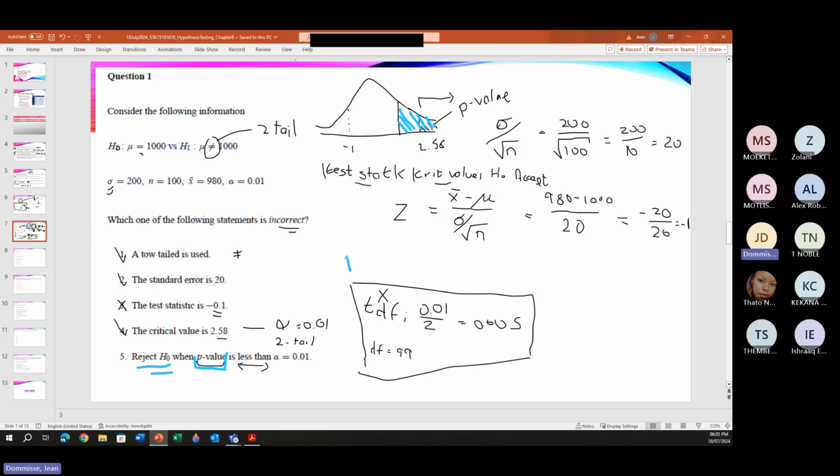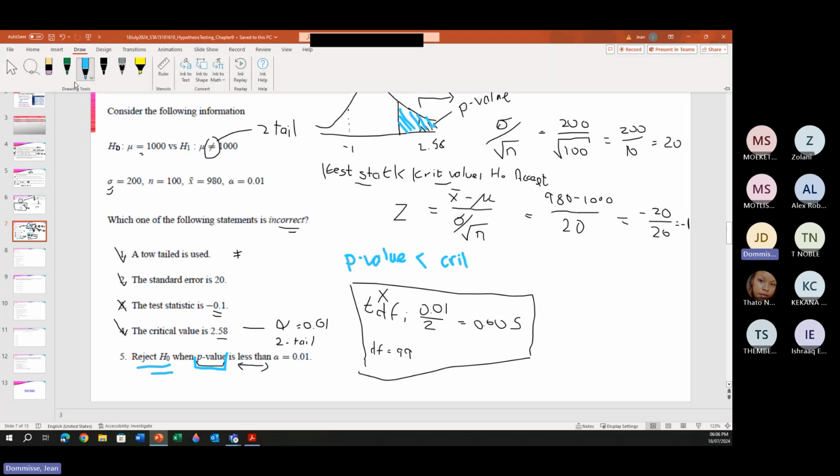But then when your p-value is smaller than your, and let's use it, sorry, I wanted to say the p-value of your critical value, but let's call it as it is for alpha.